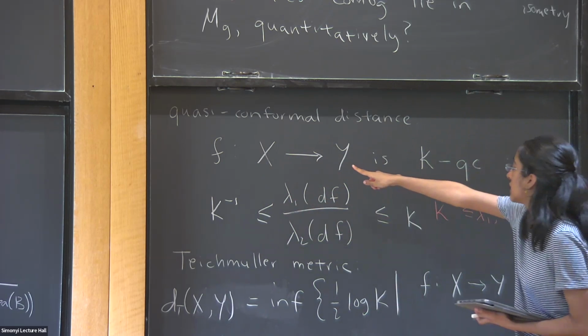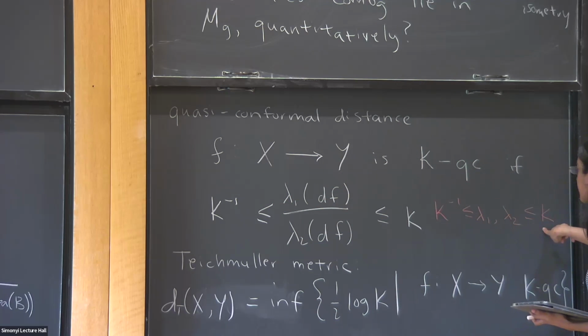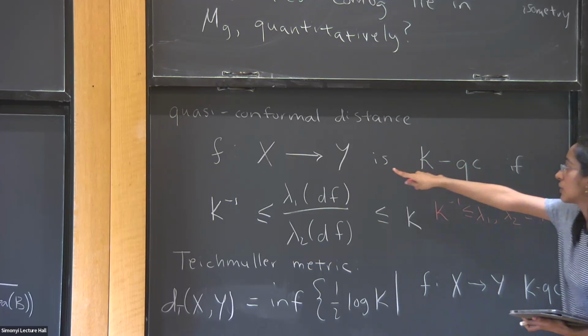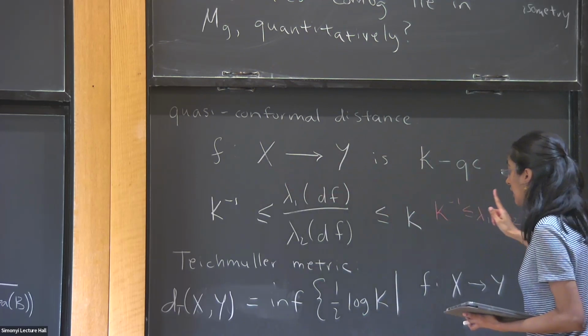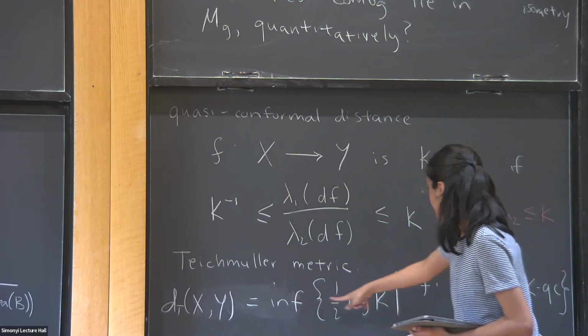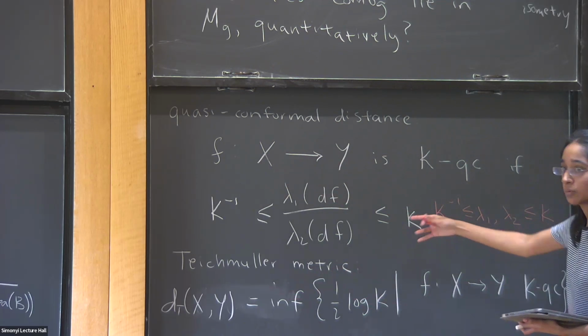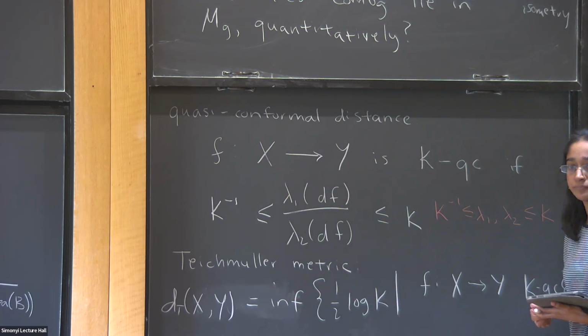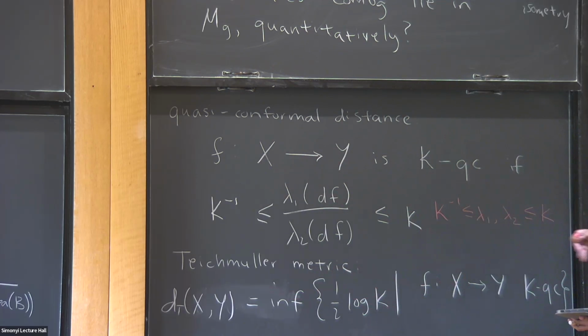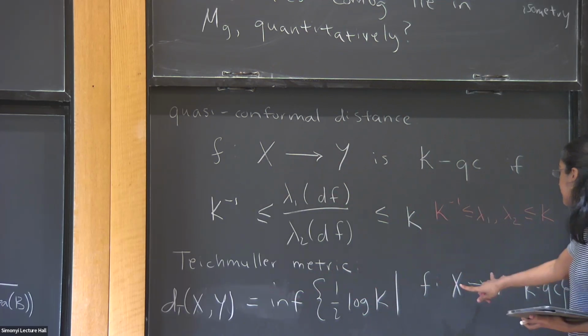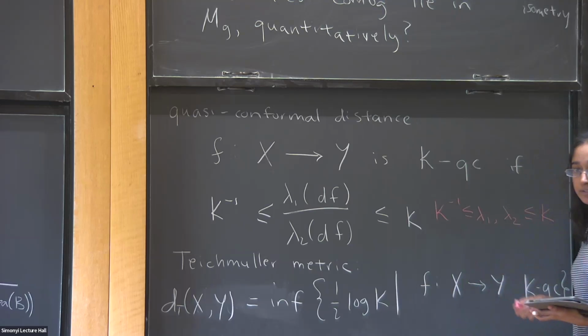If f satisfies this condition, it's K bi-Lipschitz between the two hyperbolic metrics. Then you can define another metric that will be equivalent to the Teichmuller metric. Roughly speaking, this is measuring how geometrically far apart the hyperbolic metrics of x and y are.